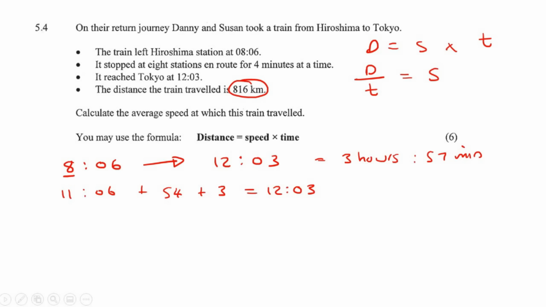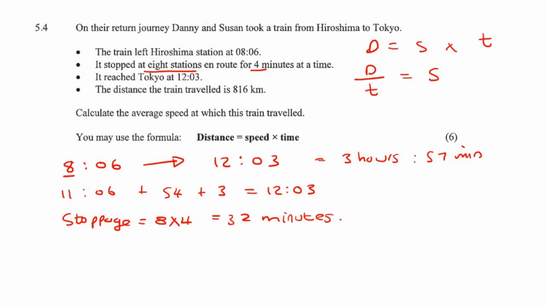But it stopped 8 times for 4 minutes every single time. So the stoppage time would be 8 times 4, which is 32 minutes. So what would the travel time be?